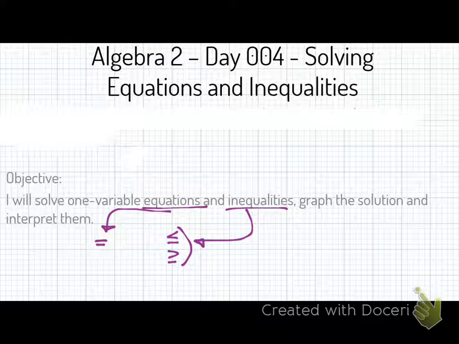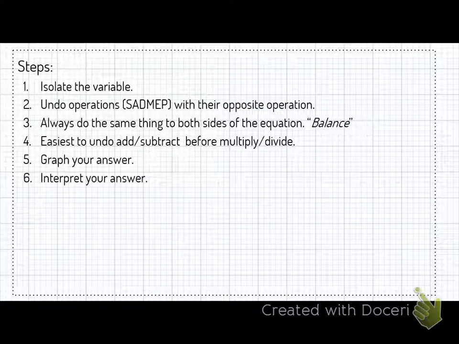Okay, so if you're on the video right now, you should pause the video and write these steps down. All right, so these are the steps. Big idea here is that we have equations and inequalities. We want to find what the answer is, okay? So I'm going to move forward here.